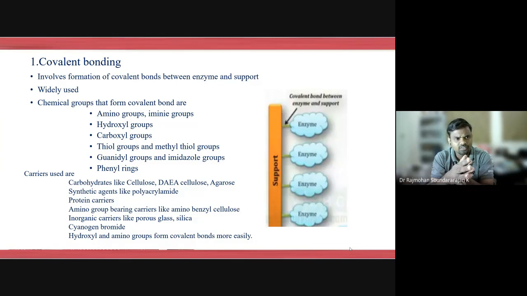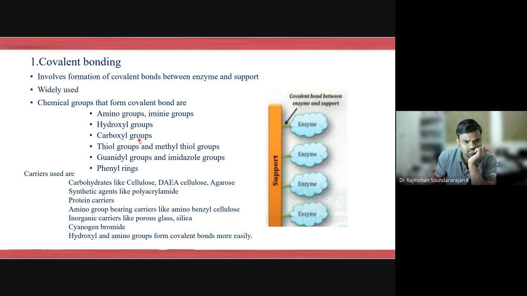These are some of the widely used chemical groups that form the covalent bond between the enzyme and the support. As you can see in this figure, enzyme molecules are attached to the support through covalent bonds, which may be due to any one of these chemical groups.